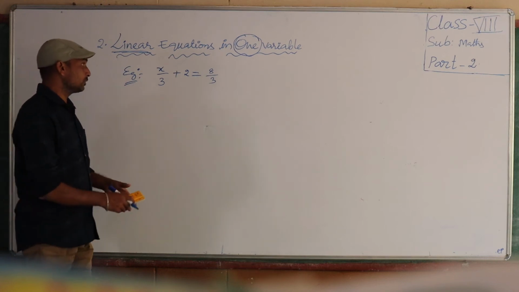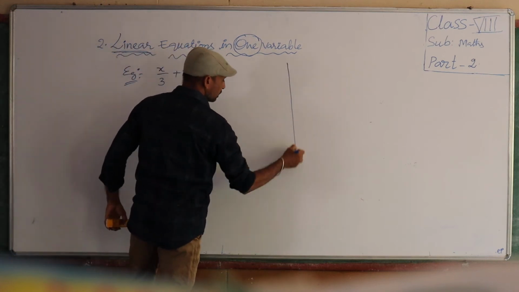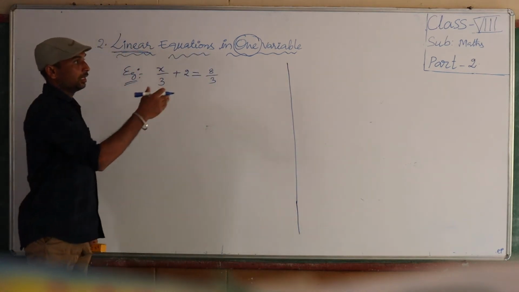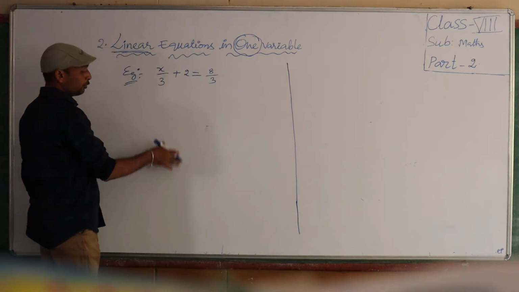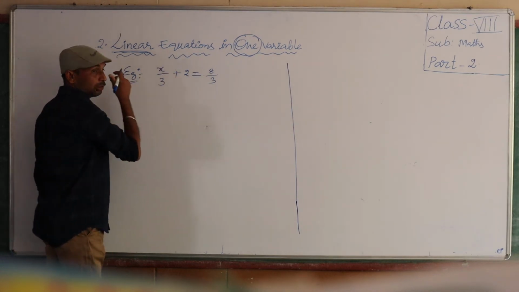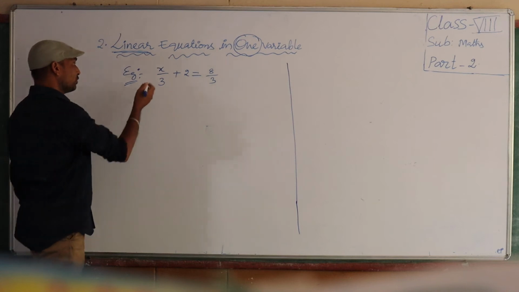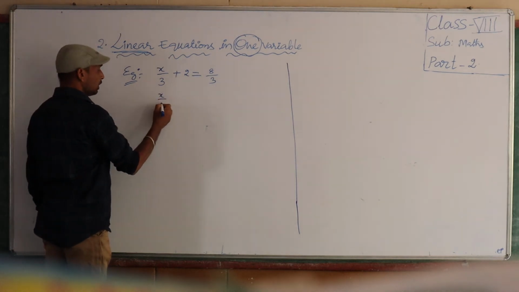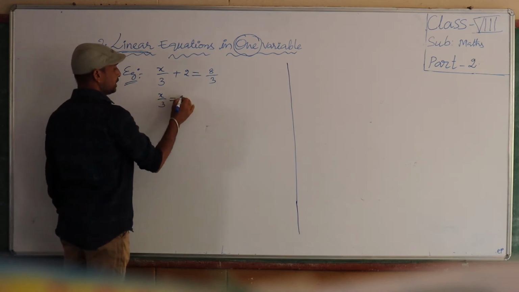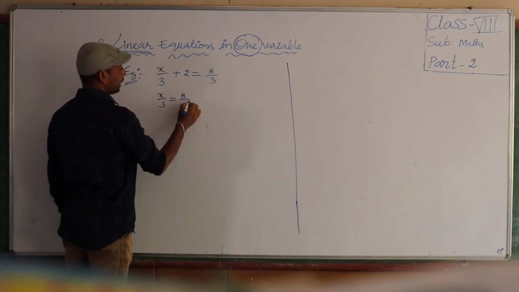But first listen to the first method, the general process, how we were doing before in previous problems also. Let's see, x by 3 plus 2 is equal to 8 by 3. So first the variable value we have to write on the left side. Then that is equal to 8 by 3.